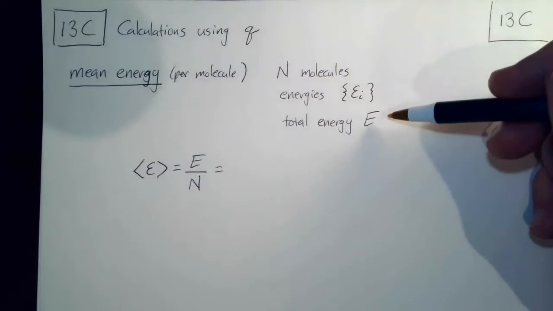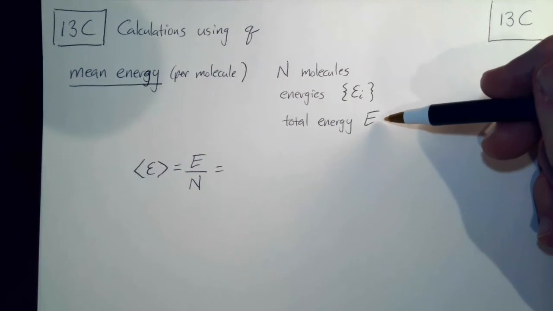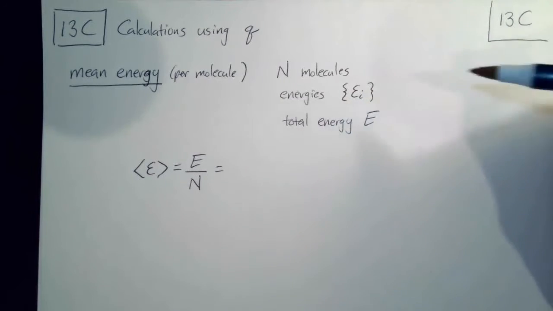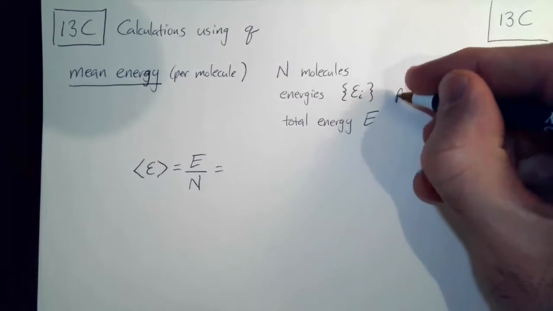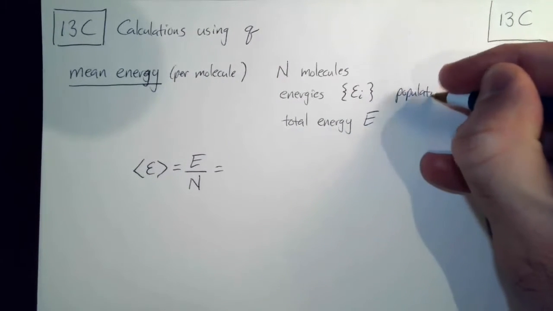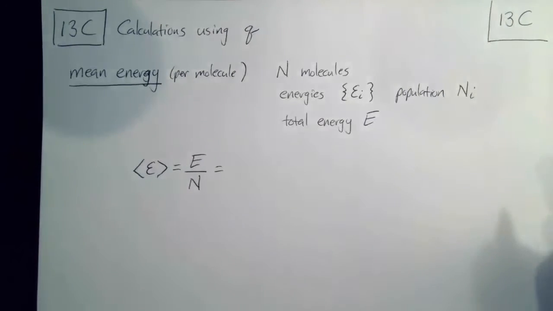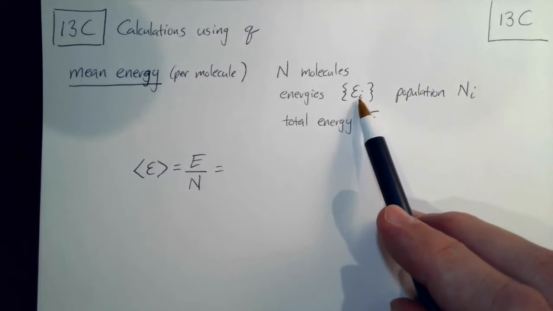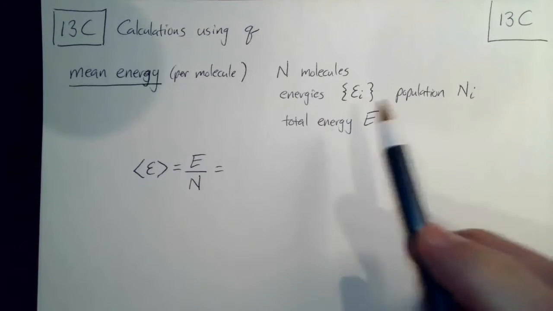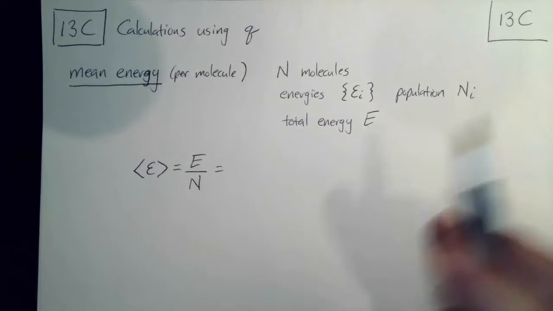And E, we can calculate using these energies and also the population of each state. So energy state epsilon 0 has a population n0, epsilon 1 has a population n1, and so on.